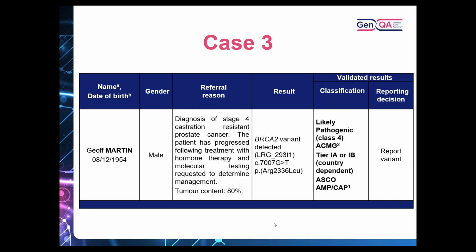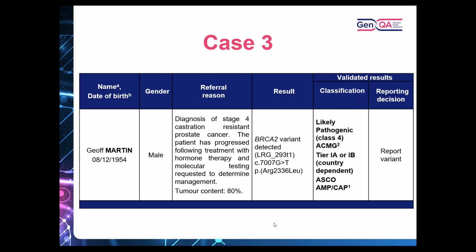Again, it was a tumour with a high tumour content, about 80%, and in this case it had a BRCA2 variant detected in it, c.707G>T, which is an arginine 233 to lysine potential variant, although as you'll see, that's perhaps less relevant than other impacts this variant may have.